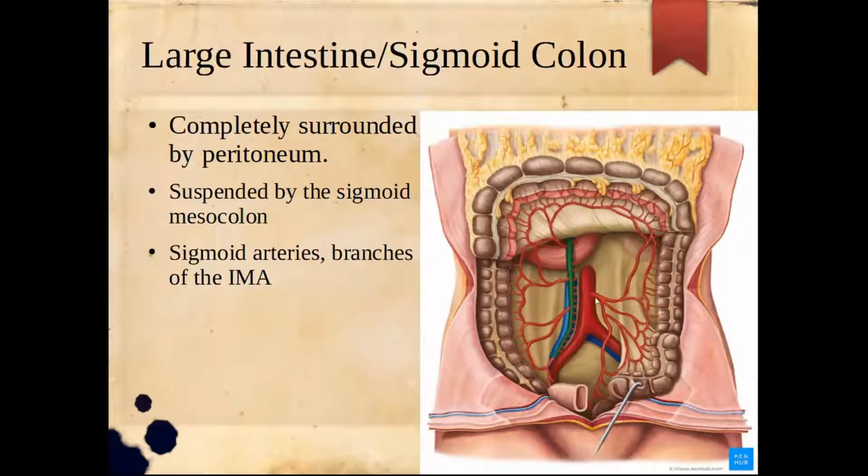The vein goes to the superior mesenteric vein. The lymph nodes are usually paracolic lymph nodes here. Nerve supply, sympathetic and parasympathetic, comes from the inferior mesenteric plexus here.